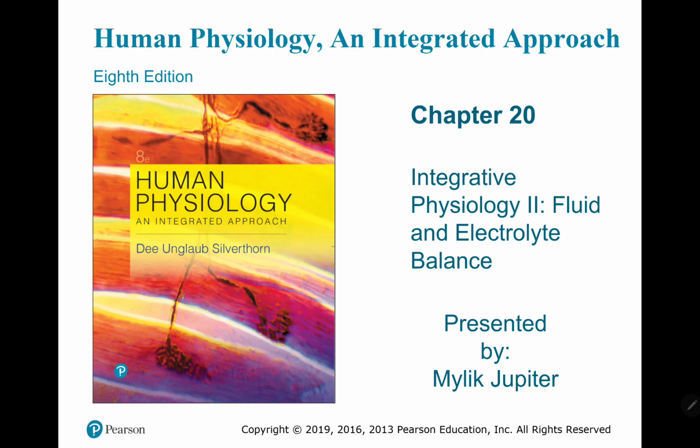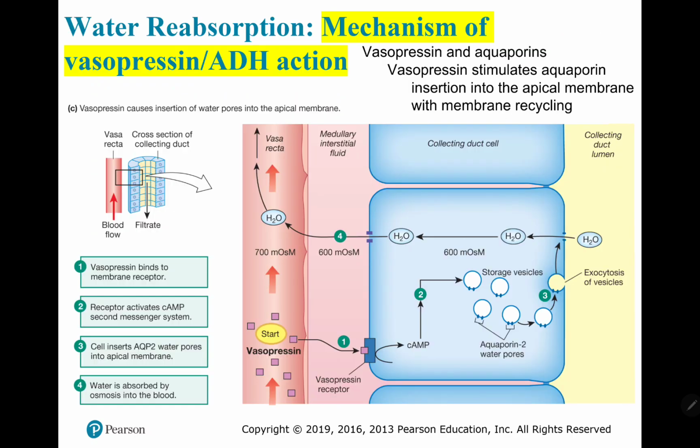When we looked at chapter 20, integrated physiology 2, fluid and electrolyte balance, and when we talked about water reabsorption, we talked about the mechanism of vasopressin, or ADH, antidiuretic hormone. So ADH is produced in the hypothalamus, but it's stored and then subsequently released in the posterior pituitary gland.